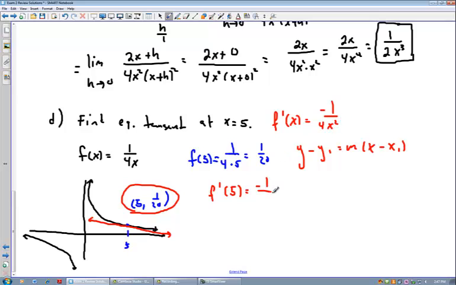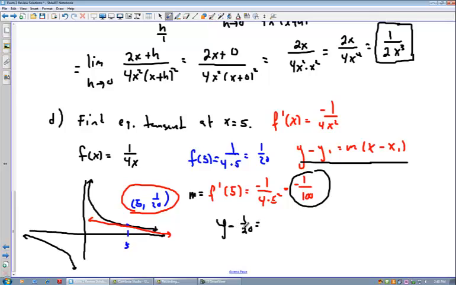So this should equal negative 1 over 4 times 5 squared, which is equal to negative 1 over 100, which again is negative 0.01. And now what we can do is, since I have a point and I have my slope, I can plug it in to point-slope form and find my answer. So y minus 1 over 20 is going to equal negative 1 over 100, and then times x minus 5.